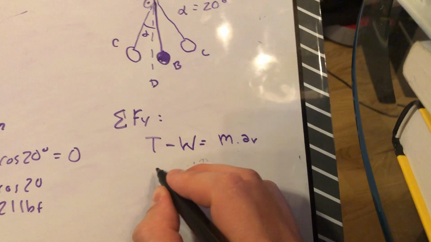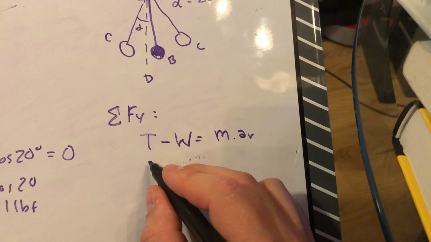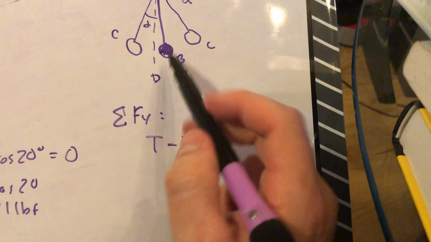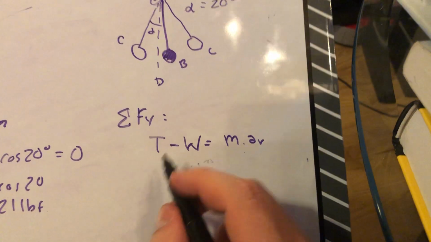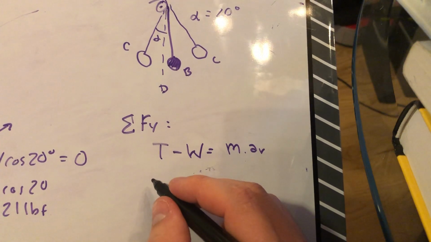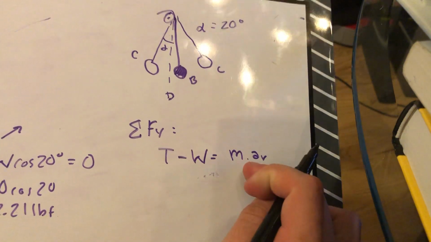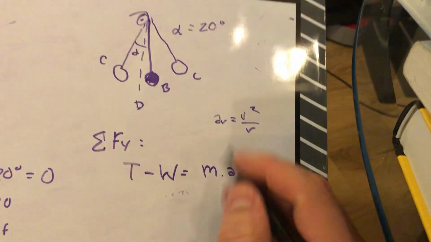So we're going to have tension minus weight, yep, that is correct. So we know that the acceleration in the radial direction is equal to v squared over r.